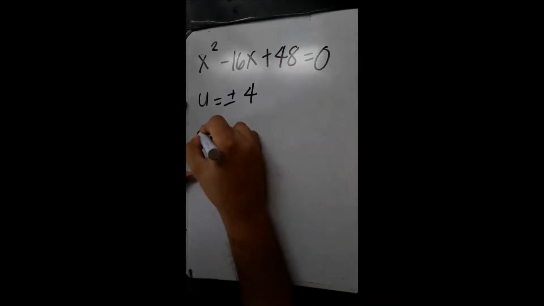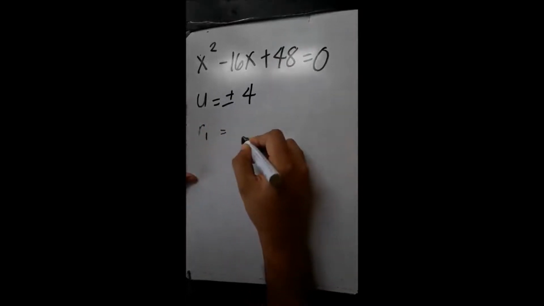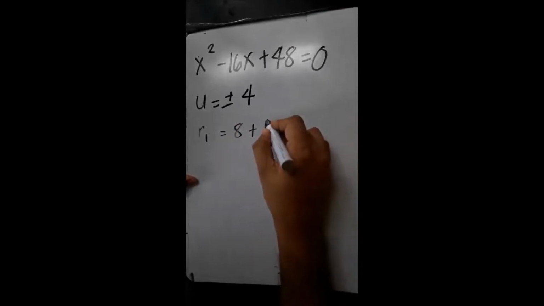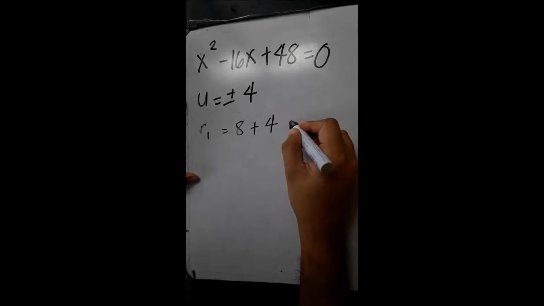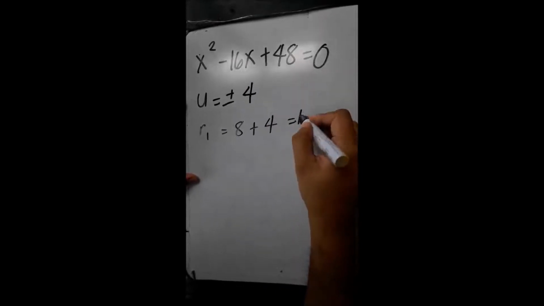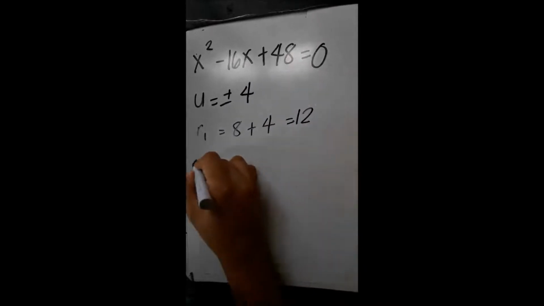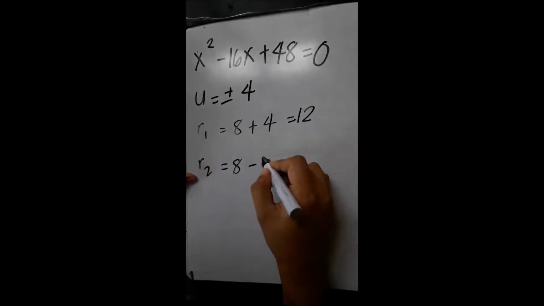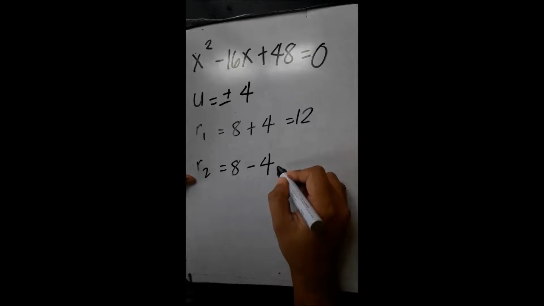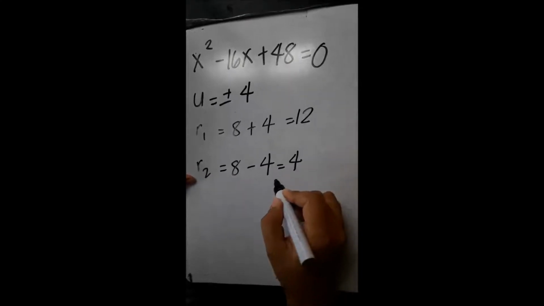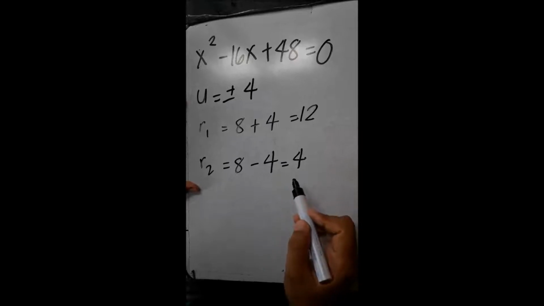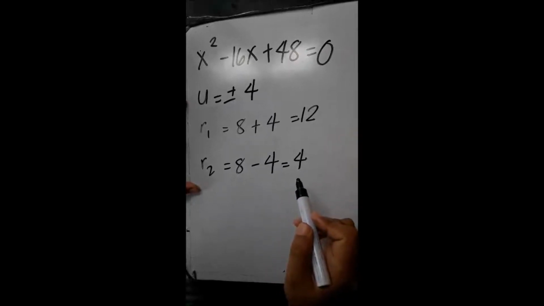So root 1 is simply equal to 8 plus 4, our u, and if we simplify 8 plus 4, we get 12. So this is our root number 1. Root 2 is equal to 8 minus 4, which is equal to 4. So here we have the two roots, which are 12 and 4.